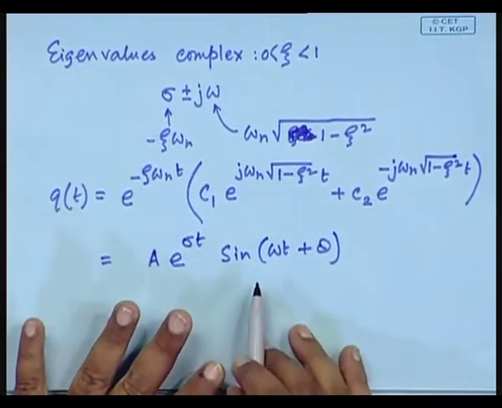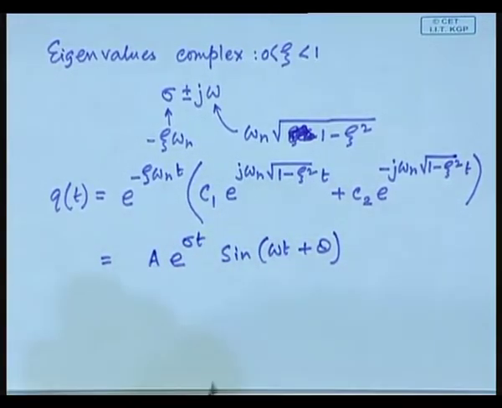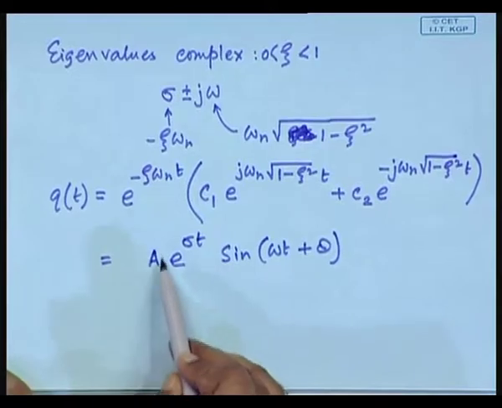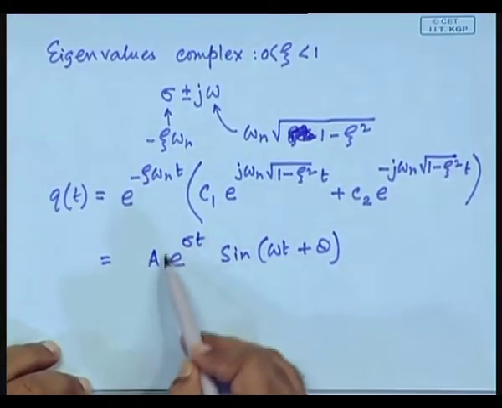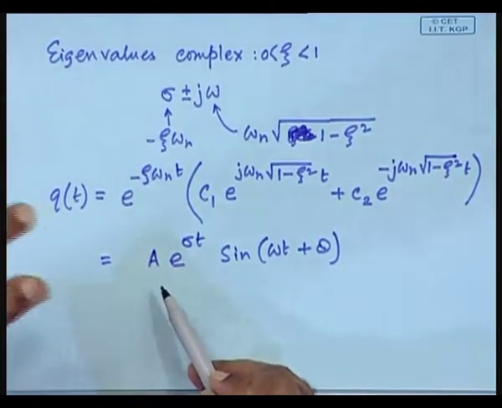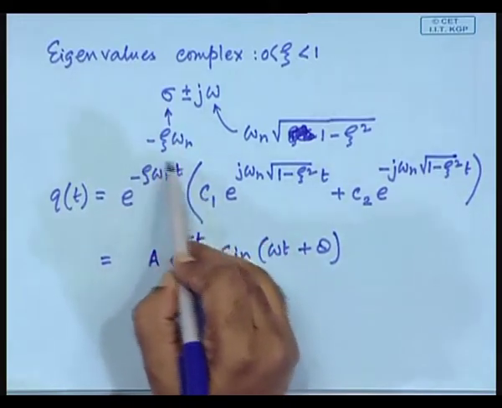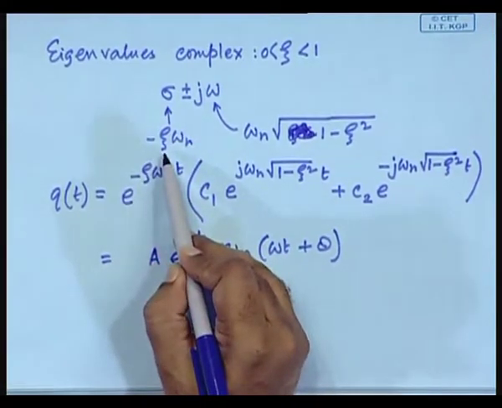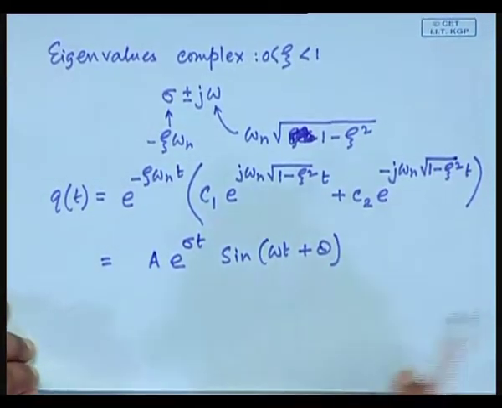We have already seen that. So, I am not illustrating, the point is we start and then we arrive at this point. So, here you have some amplitude, some sinusoid and some exponential envelope on which it is done, and the exponent is in this case minus zeta omega n, clear. Now, let us see.